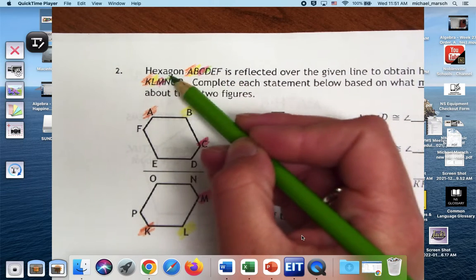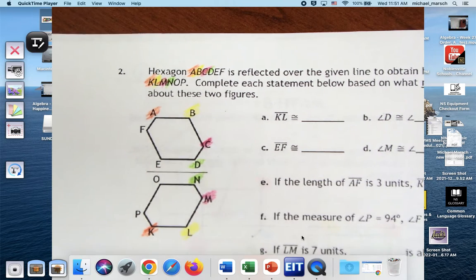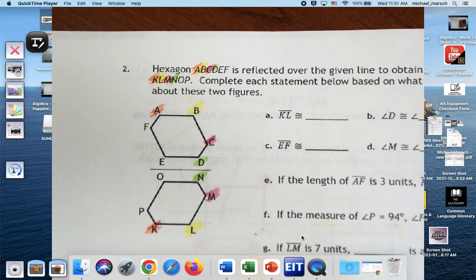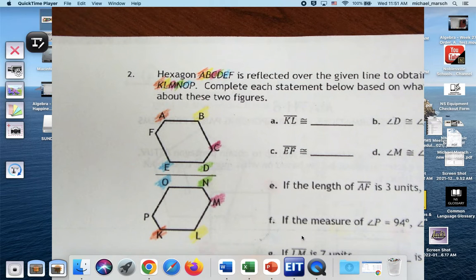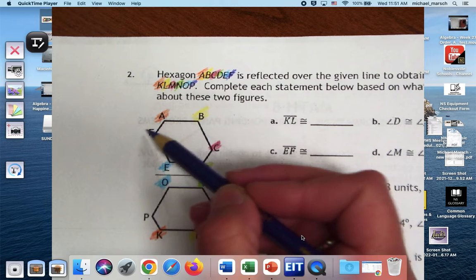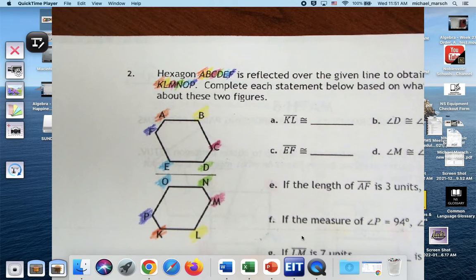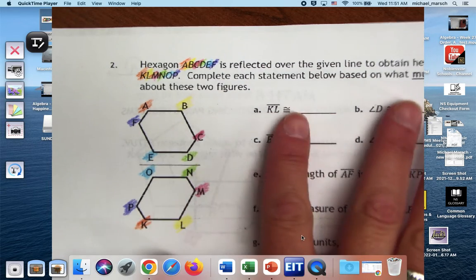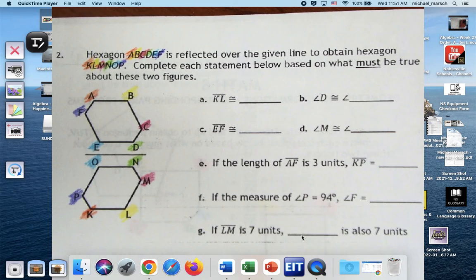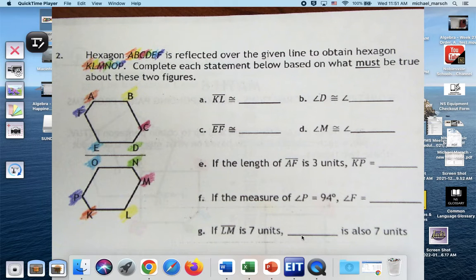So D is going to correspond with N. E will correspond with O. And F corresponds with P. So if you don't have those color-coded accurately, then the answers you come up with won't be accurate either, because you'll be looking at the wrong parts of the two hexagons.